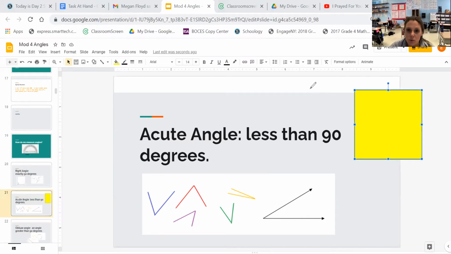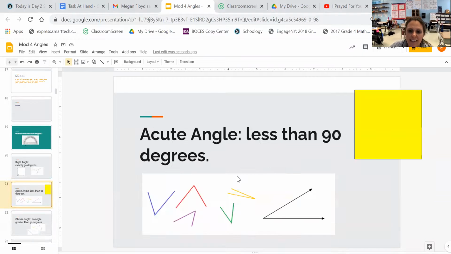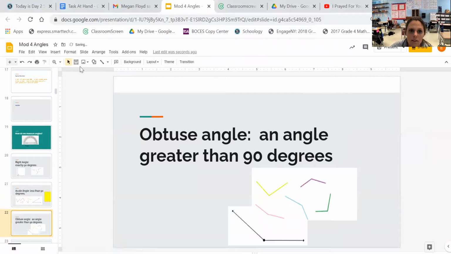So now that you have acute done, what I'd like you to do is cut out our last one for today, which is obtuse. When I say obtuse, you say greater than 90. Obtuse. Right, it's greater than 90. You'll see here on this vertex, if we did like we did here with my Post-it note, let me make a Post-it note real quick.